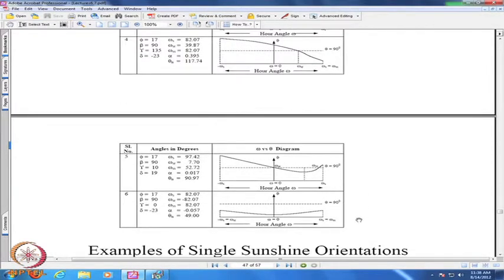So, this is phi equal to 17, beta 90, gamma 10, and declination 19 degrees, and this only shows both omega SR and omega SS are within the afternoon only, because it is only gamma equal to 10 degrees, right.